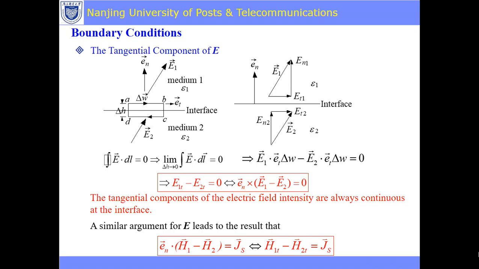If there is a surface current, will it be continuous or will there be a jump? If there is surface current, then I have changed my equation.